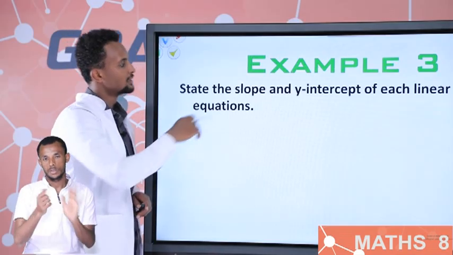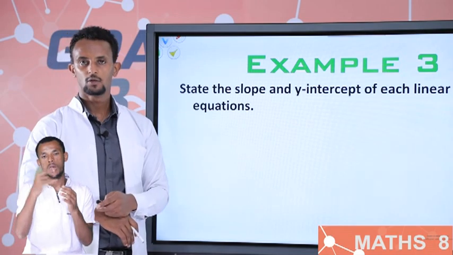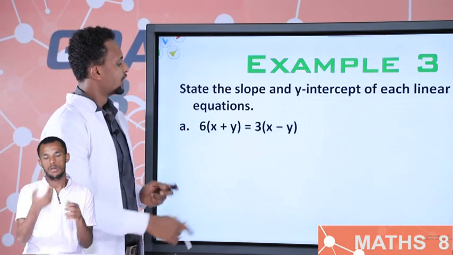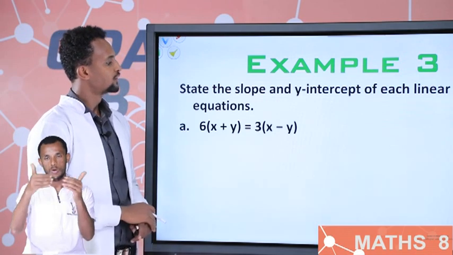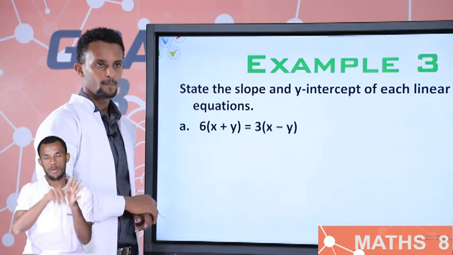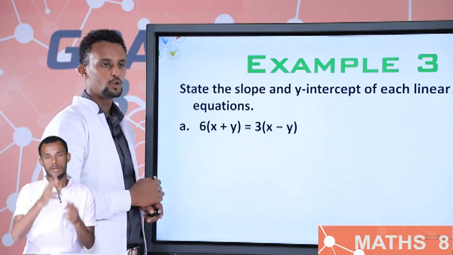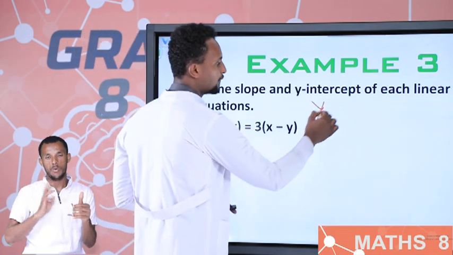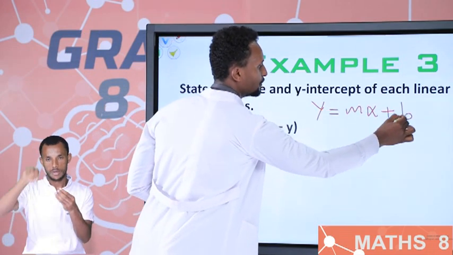The example states, find the slope and the y-intercept of each linear equation. So, a, 6 times (x + y) is equal to 3 times (x - y). To get the y-intercept and the slope, first we have to write it in the form y = mx + b.